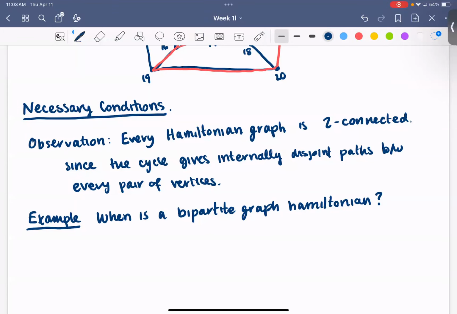Okay, so did anyone think of a condition for when a bipartite graph would be Hamiltonian? Or just a necessary condition?